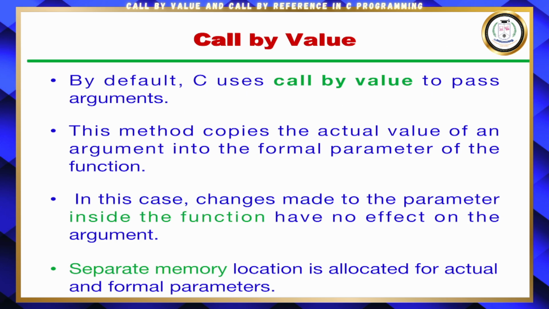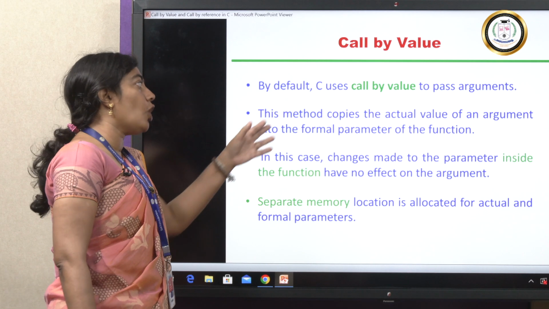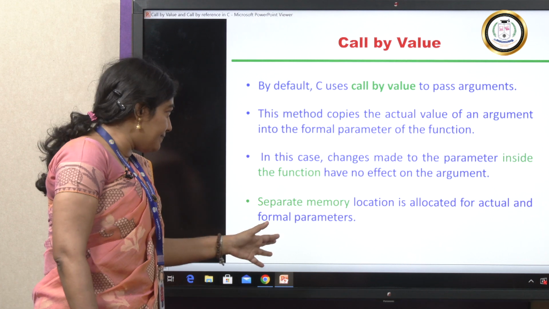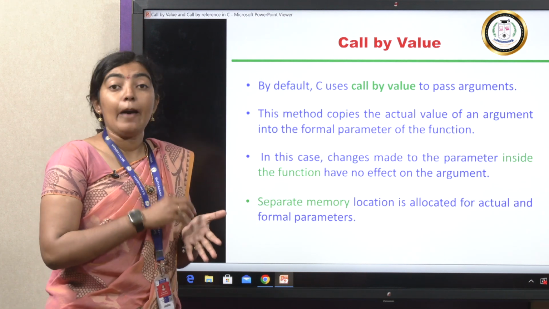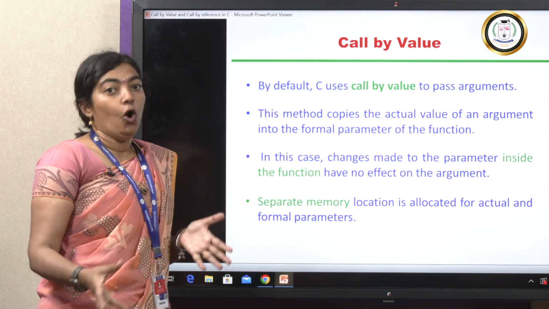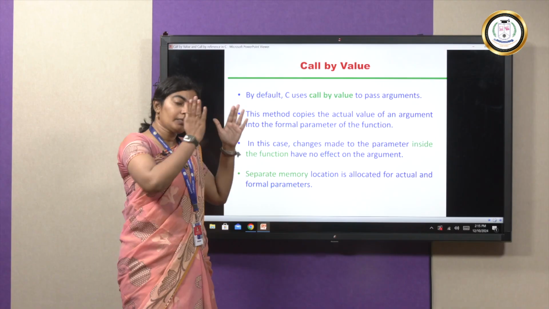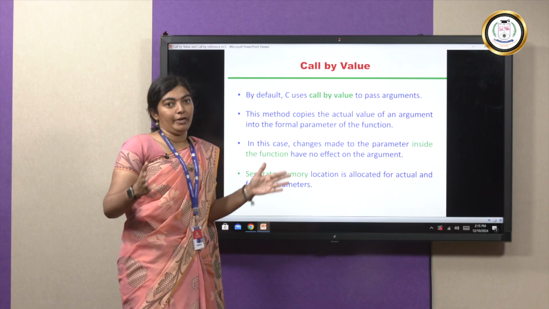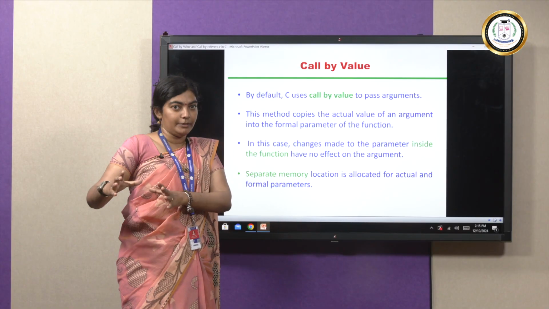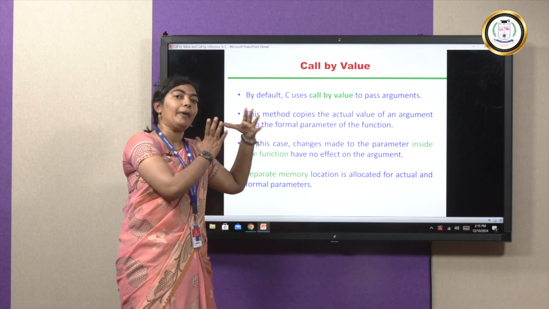So the first topic is call by value. By default, whatever values we pass for calling a function, we call it call by value. In this method, whatever changes happen inside the function won't be reflected in the main place. So there is a separate memory location for the function and a separate memory location for the parent place.